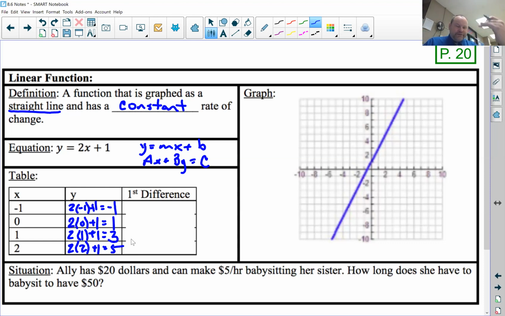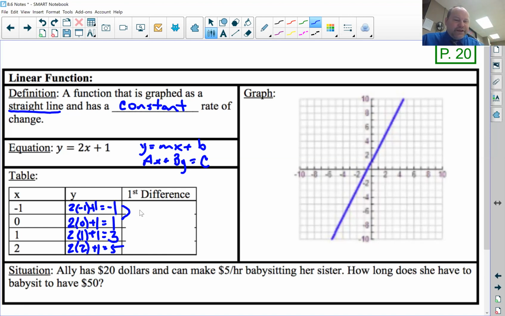One way to look at a table of values and tell if you have a linear function is by subtracting consecutive values of y. So if I take 1 minus -1, so I'm always going to take the second one minus the first one, or the bottom, the lower minus the upper.